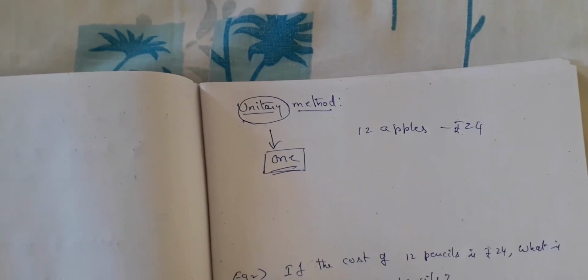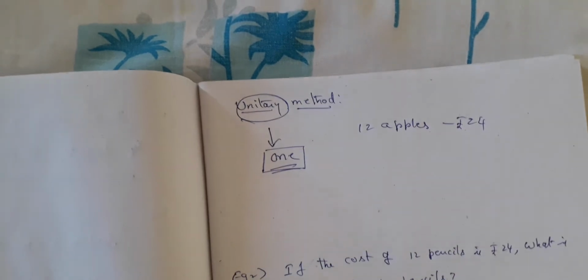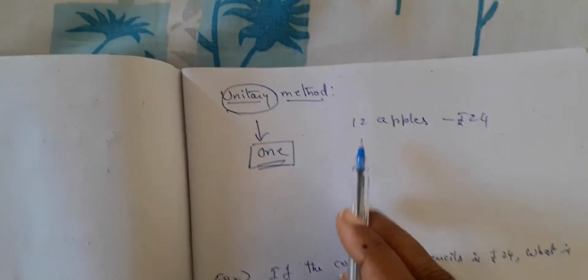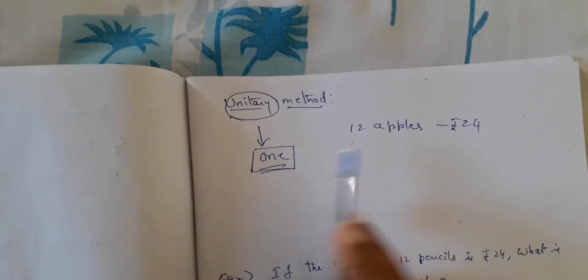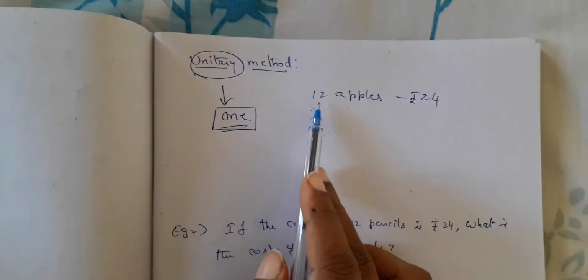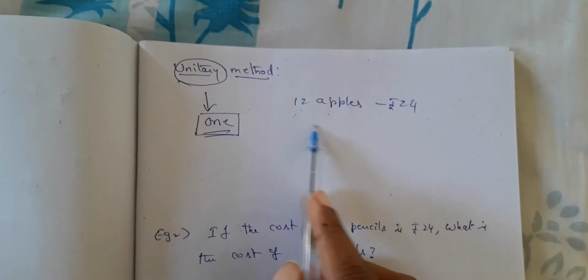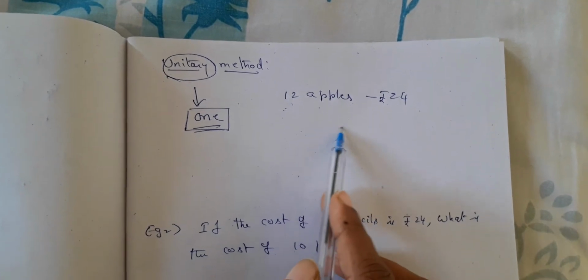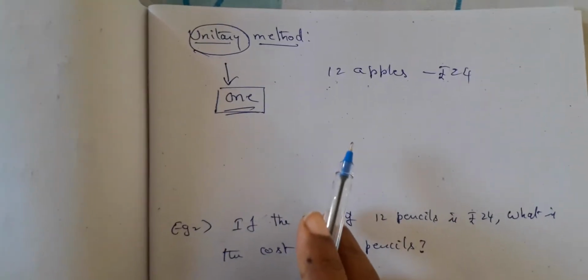You can say 3 by 12 of 24 directly, because 3 is the share, 3 shares out of a total of 12 shares. Here you are taking apples as shares. So total how many shares are there? 12 shares. Out of that, how much are you asking now? 3 shares. So 3 divided by 12, of 24. This is what we have done just now, that is the normal method of doing it.